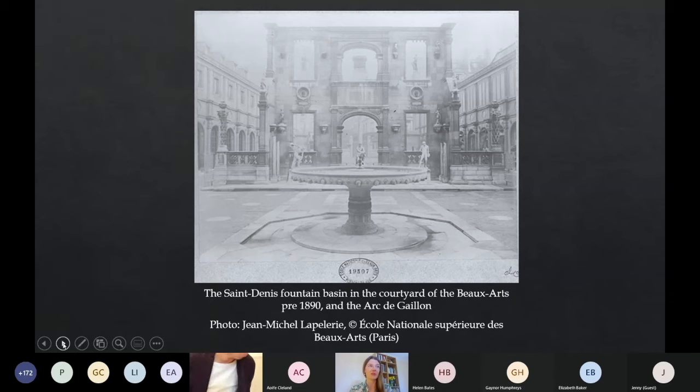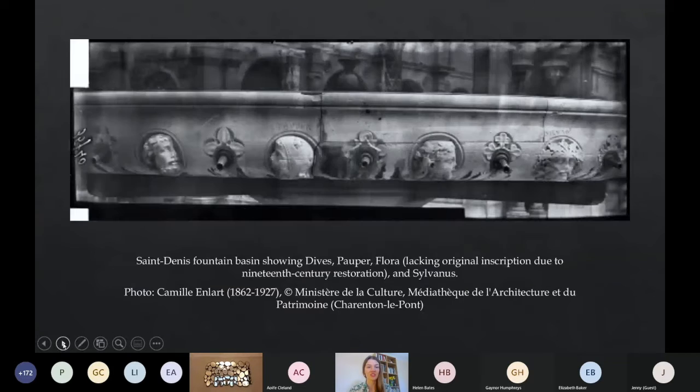Each of these figures proves readily identifiable, not through their iconography, which is perhaps not immediately obvious, but through the names inscribed above each of the medallions. Hopefully you'll be able to see, these are old photographs, but you can just about see the names above the roundels of each figure.